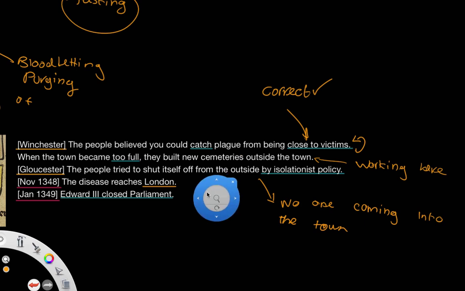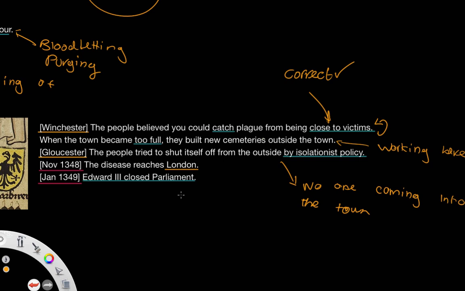However, by November 1348, the disease reaches London, okay? And this is where it expands to an exponential rate, okay? So it goes up. Bear in mind that London is a very close, densely packed city at this point.